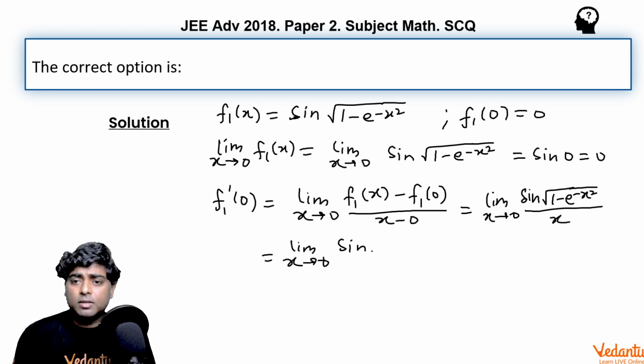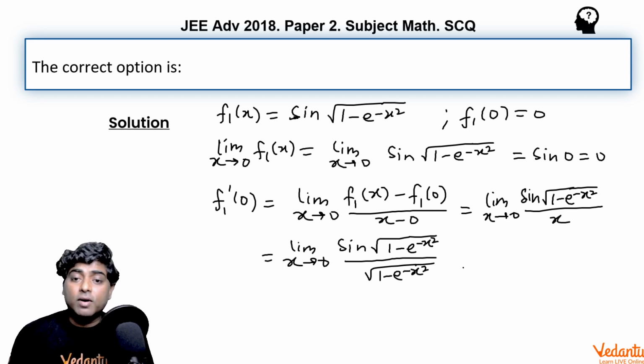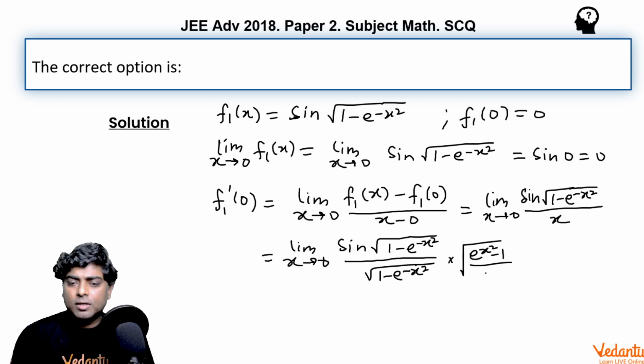So going with the standard limit, sine theta by theta, theta tending to 0, I am going to write the same thing. Angle for sine here is under root of 1 minus e raised power minus x square. So simplifying it, we will have to multiply it also. So here I am writing e raised power x square minus 1 by x square, and e raised power x square will also be there.